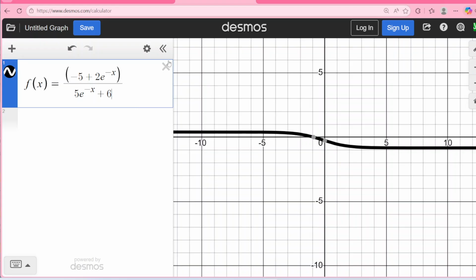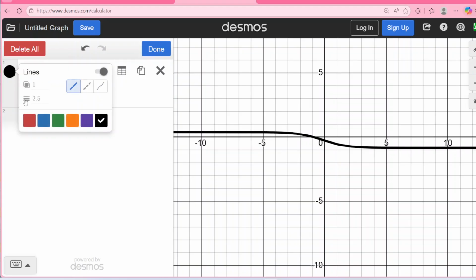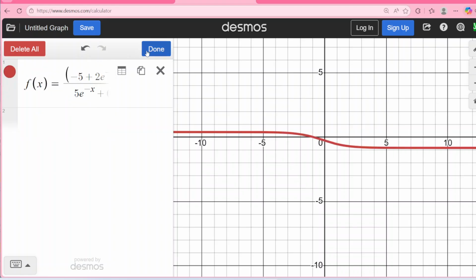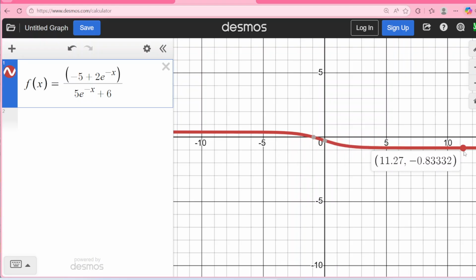So look, I changed the color on that so it doesn't blend with the axes. So you see the far right, we're approaching some negative value, negative 0.833 something. And then to the far left, approaching some positive value, which is getting closer and closer to 0.4. It looks like 0.399, or 0.4 is 2/5.